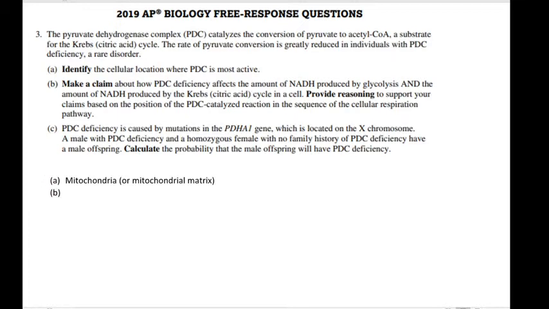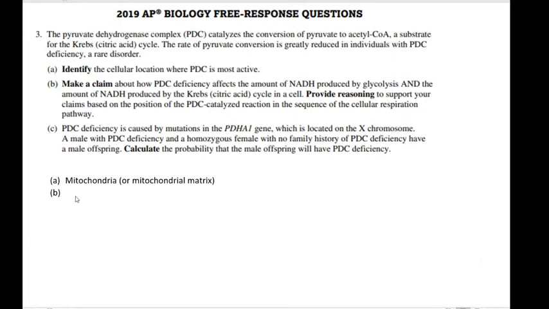For the second part, that's asking us to make a claim about how PDC deficiency affects the amount of NADH produced by glycolysis and the amount of NADH produced by the Krebs cycle in the cell. We need to provide reasoning to support your claims based on the position of the PDC-catalyzed reaction in the sequence of cellular respiration's pathway.